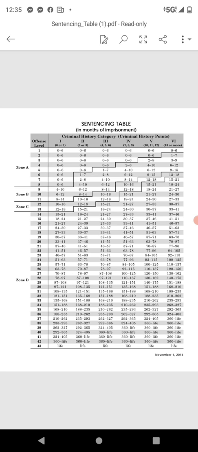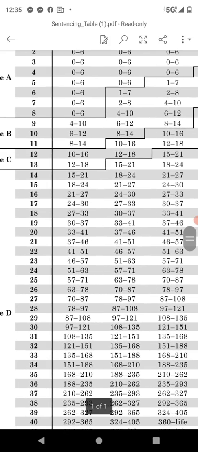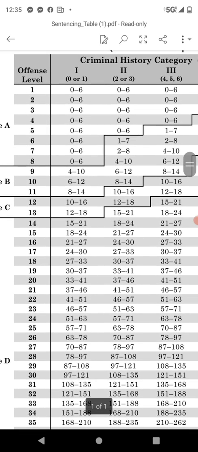The reason that's 46 to 57 months is because of the base level offense and the criminal history of not being in trouble before. In this example, I'm just showing a person that has never been convicted of a crime.